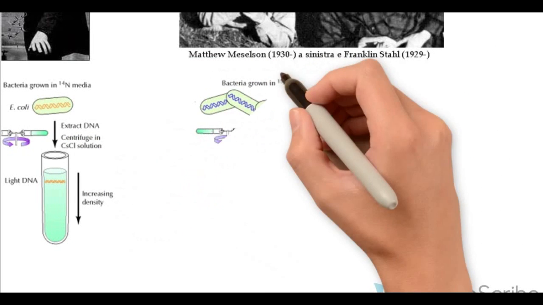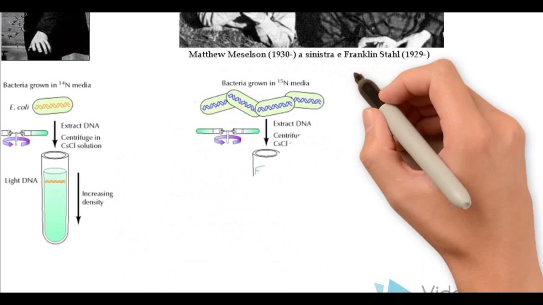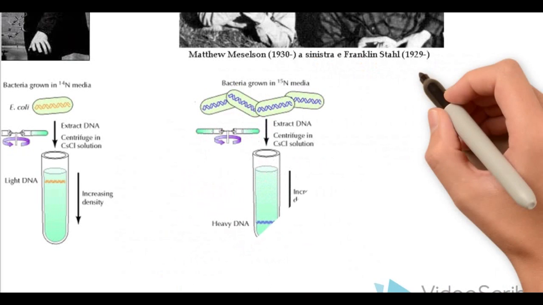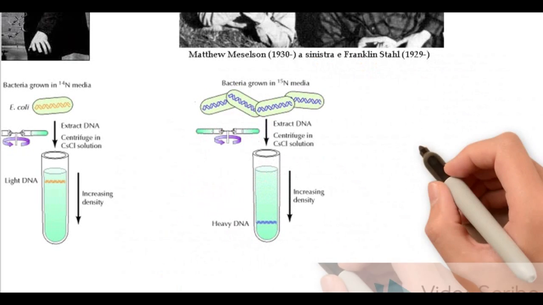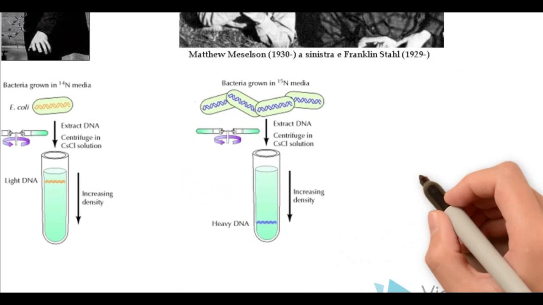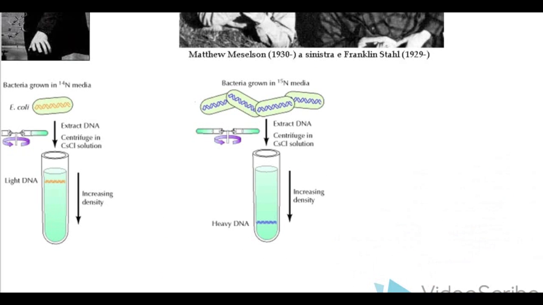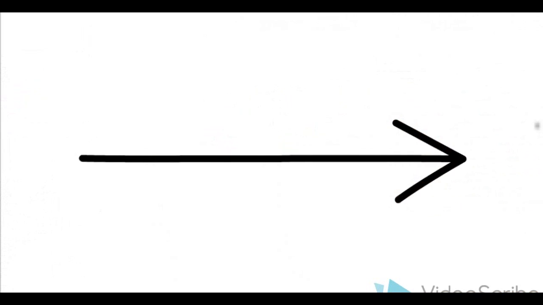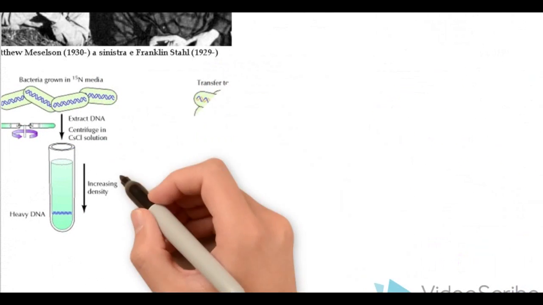Samples were removed and the DNA extracted and centrifuged at 40,000 times gravity for 20 hours in a solution of cesium chloride. During centrifugation, the heavy cesium chloride molecules began to sediment to the bottom of the centrifuge tubes, producing an increasing density gradient from the top of the tube to the bottom. The DNA settles out where its density equals that of the cesium chloride solution.